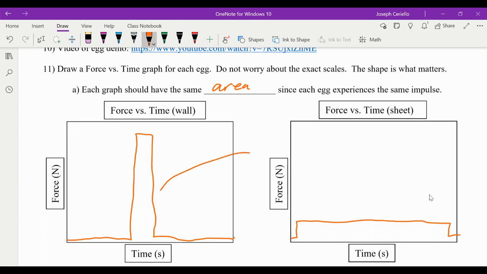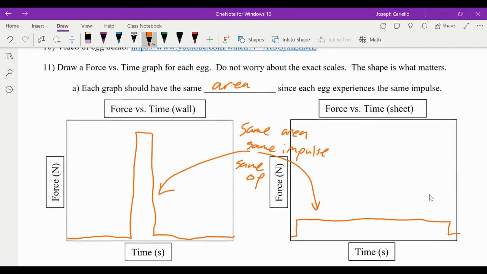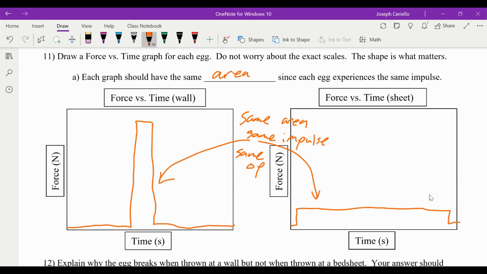Regardless, these both have the same area, same impulse, and also the same change in momentum. All the same. Just the shape of the graph is a little different.